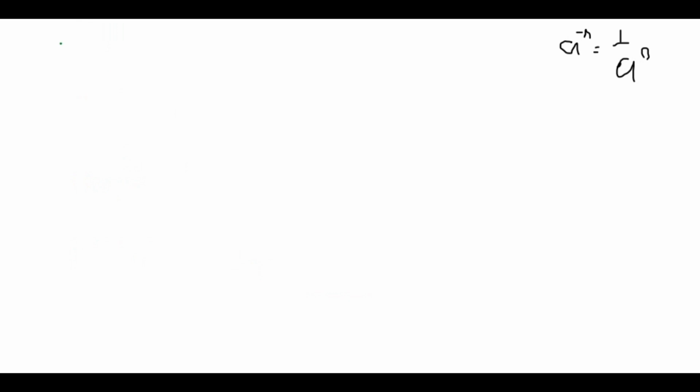Now let's try this: ab to the power of negative 5. Now try to solve or simplify this expression by yourself. In our previous example we saw that pq to the power of negative 2 was p times q to the power of negative 2. So we are going to apply that same knowledge here.